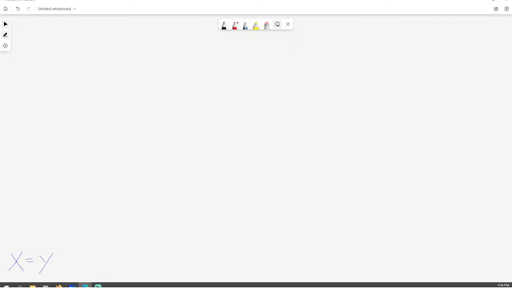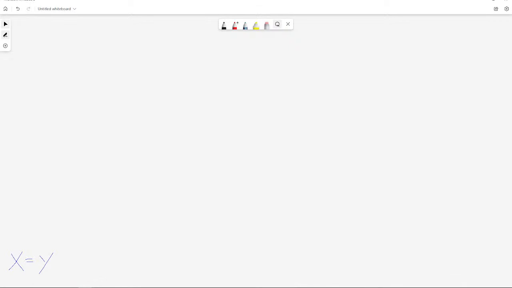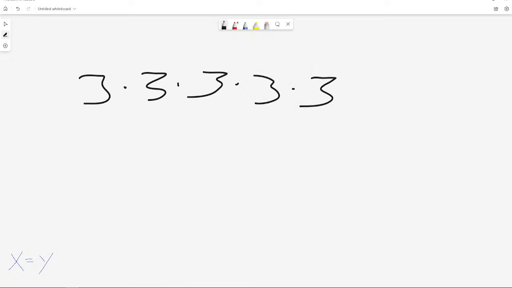So for example, if we had 3 times 3 times 3 times 3 times 3, we can rewrite that as 3 to the 5th: 1, 2, 3, 4, 5.